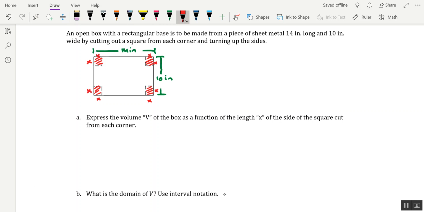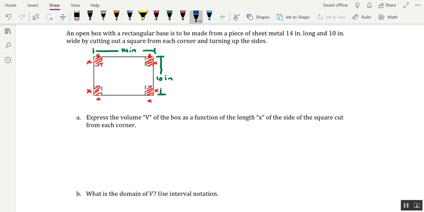Now, here's something that is important to note about what happens as soon as these four corners are removed. The important thing is that the length changes, and so does the width. So let's maybe focus on the length for a second. All right, we start out with 14 inches, and we're removing x from the left-hand side and also the right-hand side of the entire rectangle.